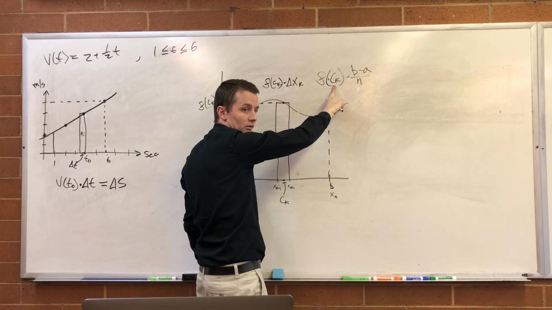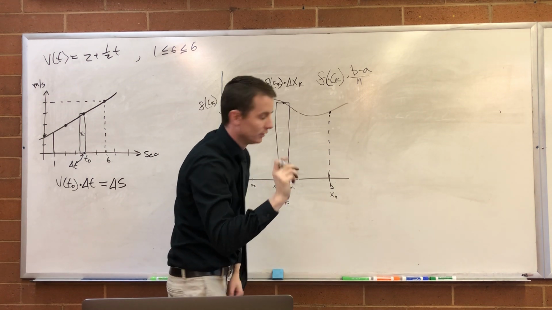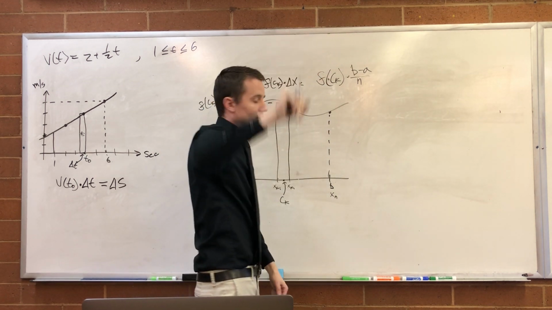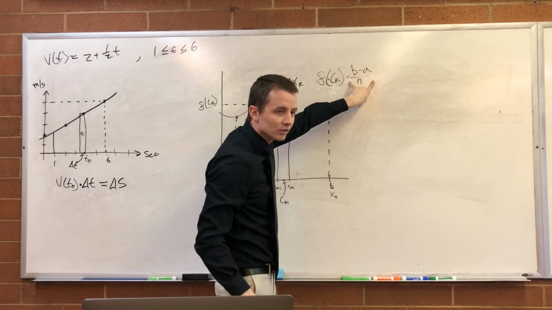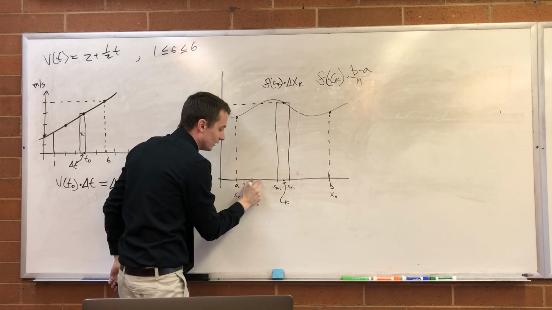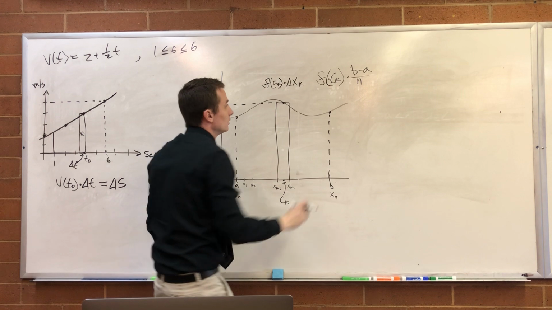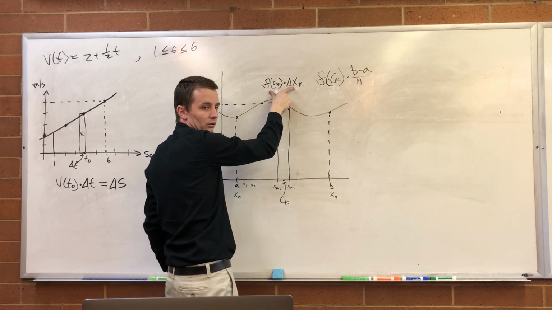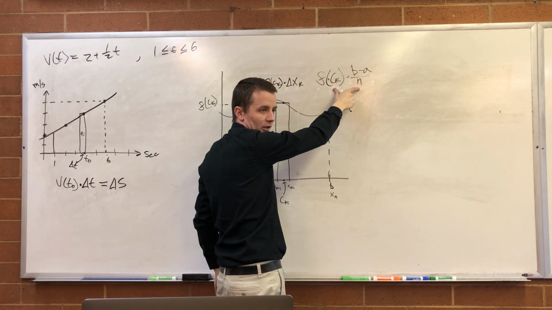Midpoint means the exact middle. Oh, and you're picking any random point in between. I see. So this is a random height, but when we were doing it, we chose partitions that divided it up into equal lengths. If you don't do that, then here's your formula. I see. If you divide it into even lengths, here's your formula.